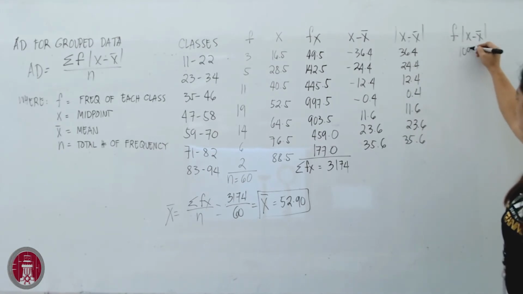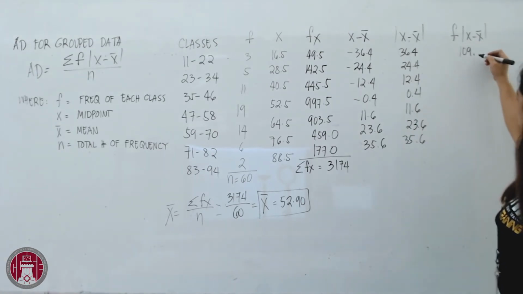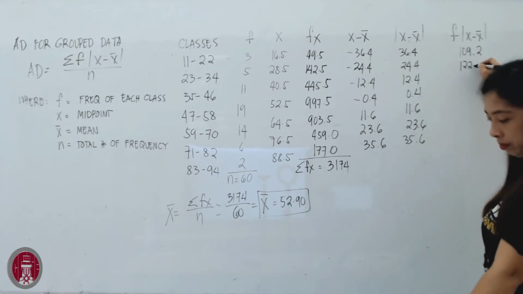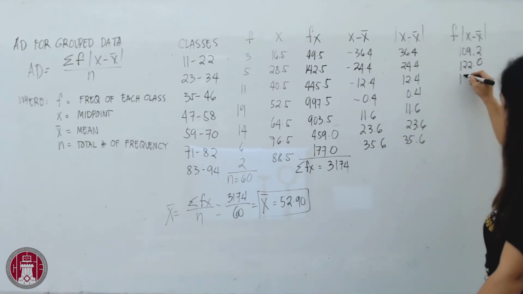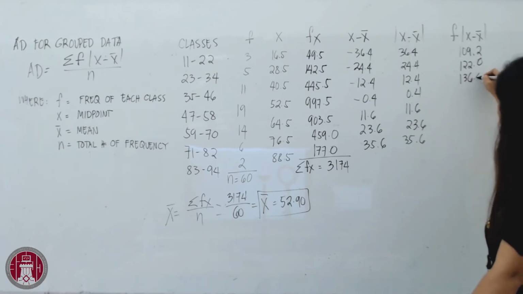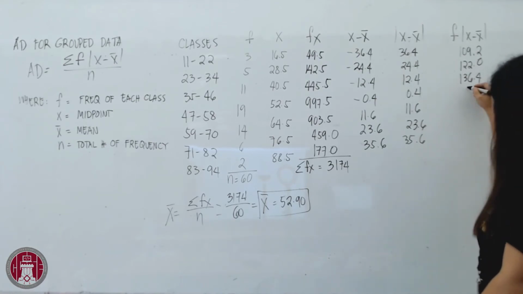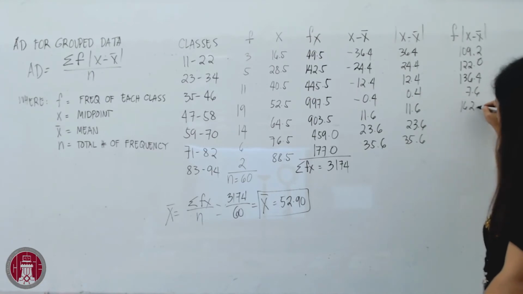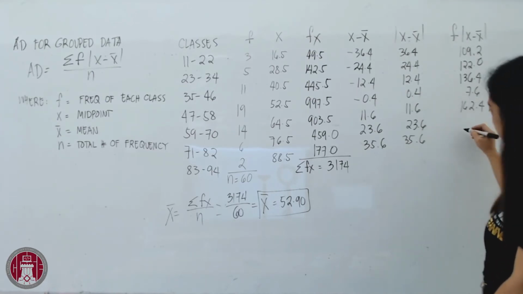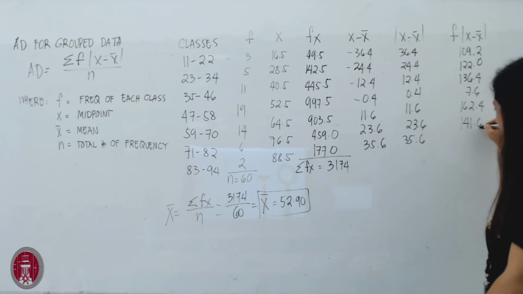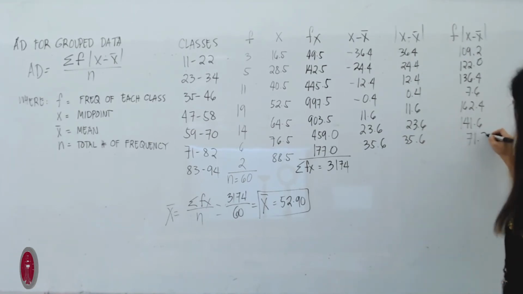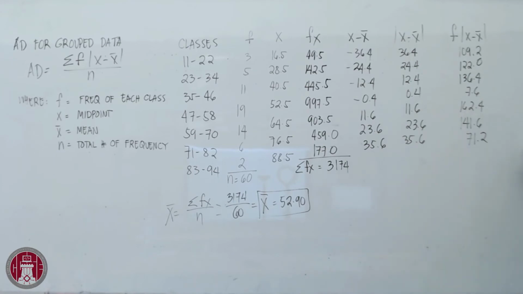So we have 0.2, 0.0, 136.4, 7.6, 162.4, 141.6, and then 71.2.